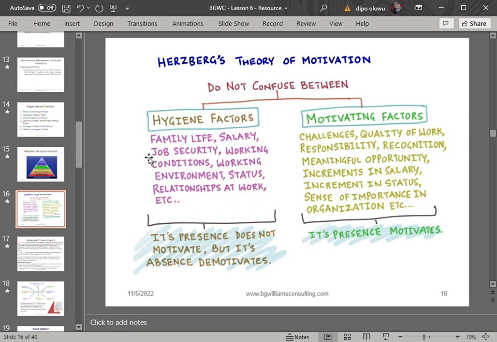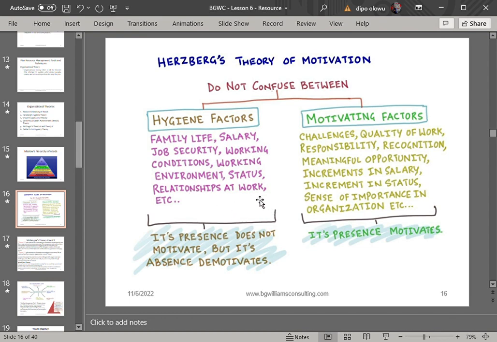Hygiene factor. So hygiene factor is saying that sometimes job security is not enough to motivate you, but if it is not present, it can demotivate you more, because it will make you begin to seek alternative jobs outside. Oh, working environment is not enough to motivate you, but if it is not conducive enough, it can make you begin to seek a job where they have a conducive working environment.